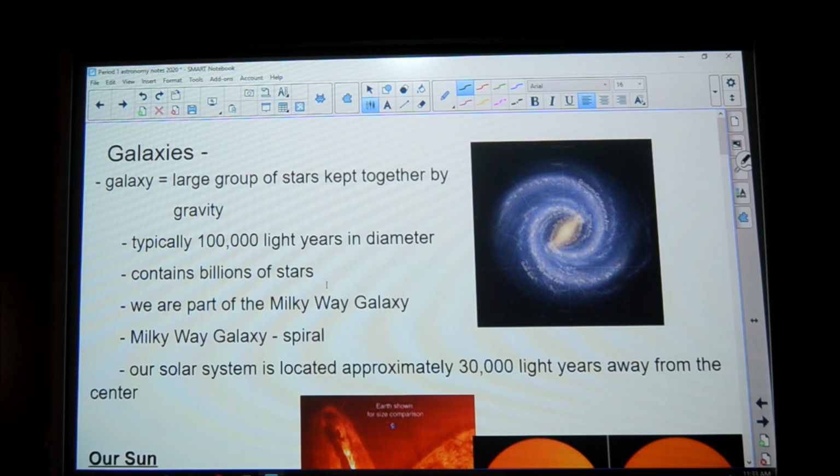The average one is 100,000 light years in diameter. It's got billions of stars in it, so our galaxy has billions of other solar systems within. Our solar system is approximately 30,000 light years away from the center, on one of the arms.